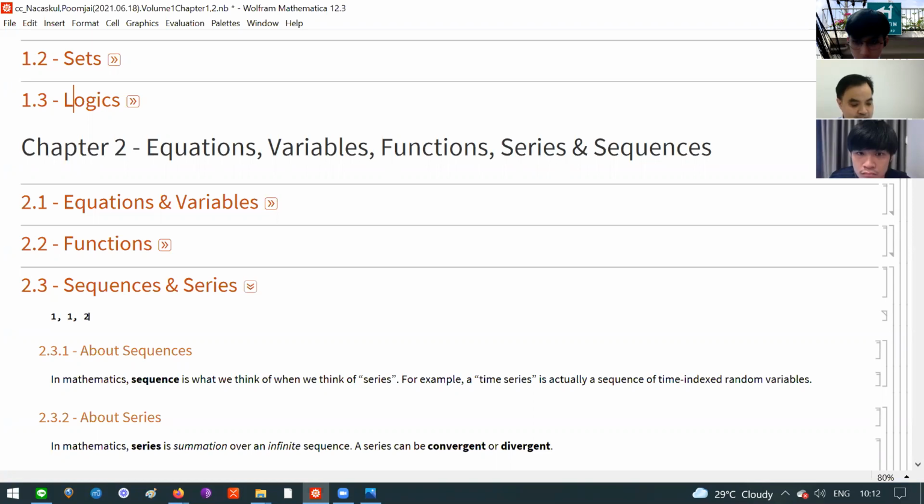So 1 plus 1 is equal to 2, 1 plus 2 is equal to 3, 2 plus 3 is equal to 5, 5 plus 3 is equal to 8, 8 plus 5 is 13, and so forth.